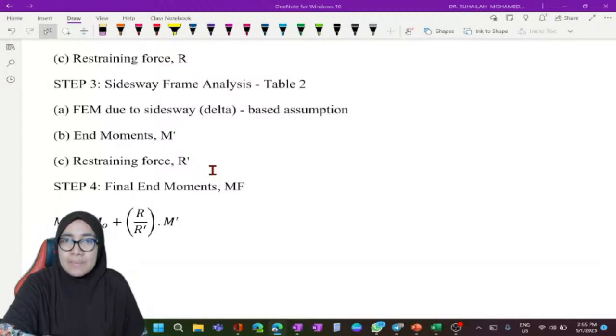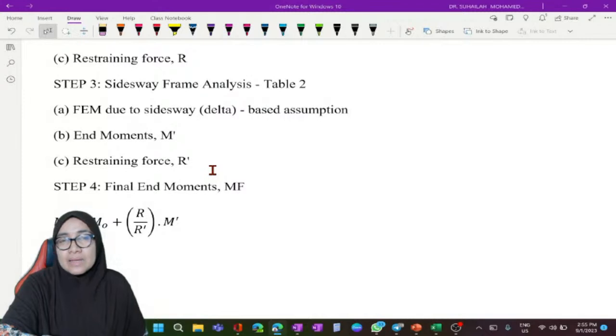So in this step, this is the same process like what we should do under table number 1. Also we need to find the R value, the restraining force, but that one is restraining force R, and for table number 2, it is restraining force R prime.